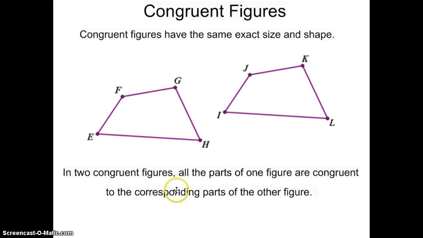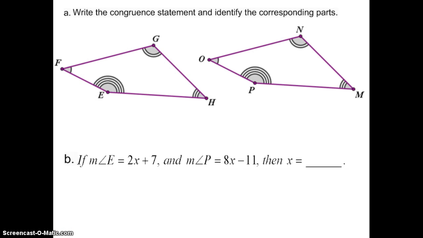In two congruent figures, all the parts of one figure are congruent to the corresponding parts of the other figure. When we say the corresponding parts are congruent, we mean that the corresponding sides and the corresponding angles are all congruent.